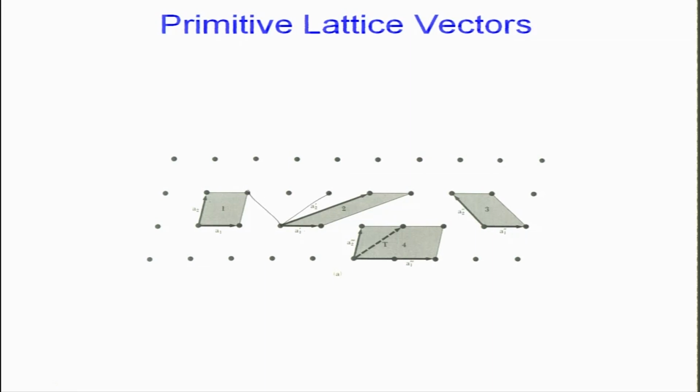This is also a non-primitive unit cell. So this could be a lattice vector, that could be a lattice vector. What I am trying to emphasize is that when you choose a particular primitive unit cell, the choice of primitive unit cell vectors is multiple, provided those vectors always give you a primitive unit cell of the same type, of the same area.